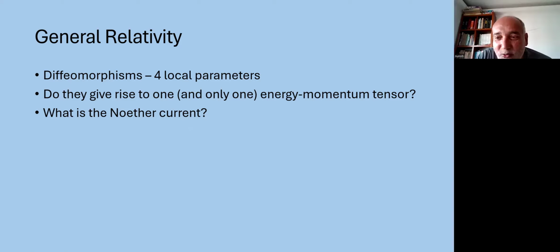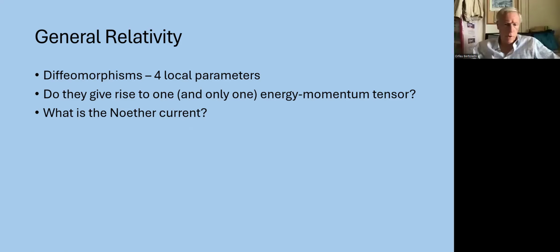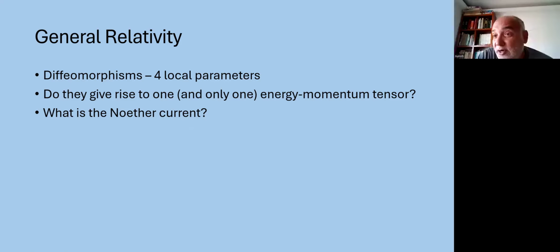Yes, my question was precisely this. You do not have a priori a Killing vector. You have a general space-time, just general relativity in its pure form. Well, what is the Noether current? Well, without a Killing vector, there is no Noether current. But one can use Noether's prescription to compute it.